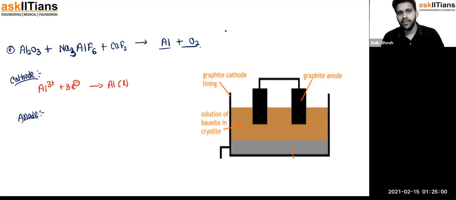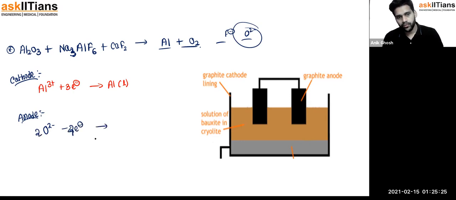That is F minus, and there is O2 minus. So O2 minus has more tendency to go towards the anode. So O2 minus would lose electrons: 2O2- would leave with 4 electrons.